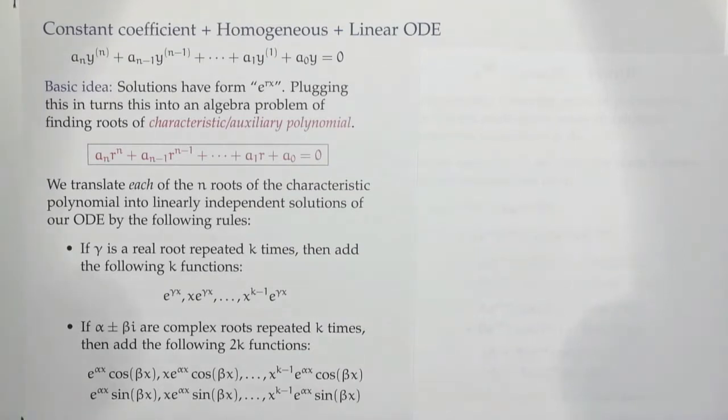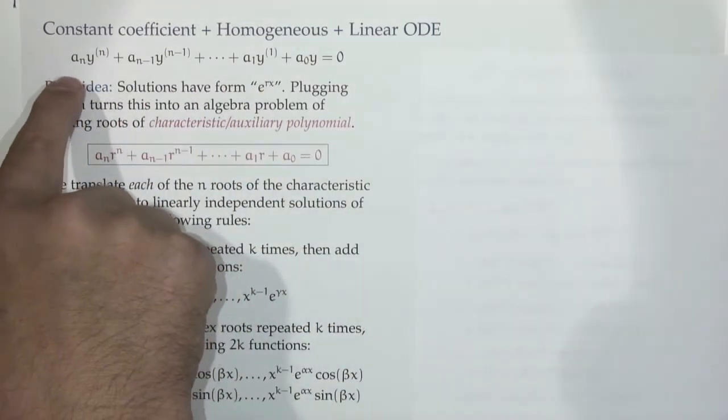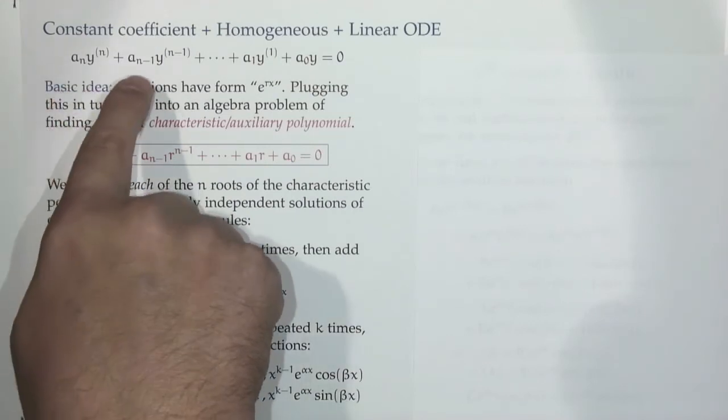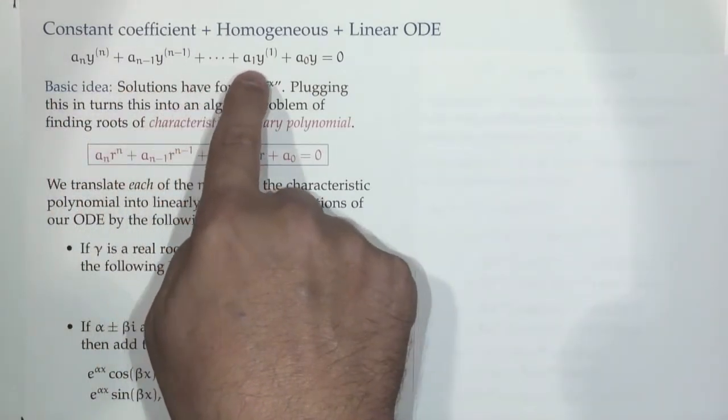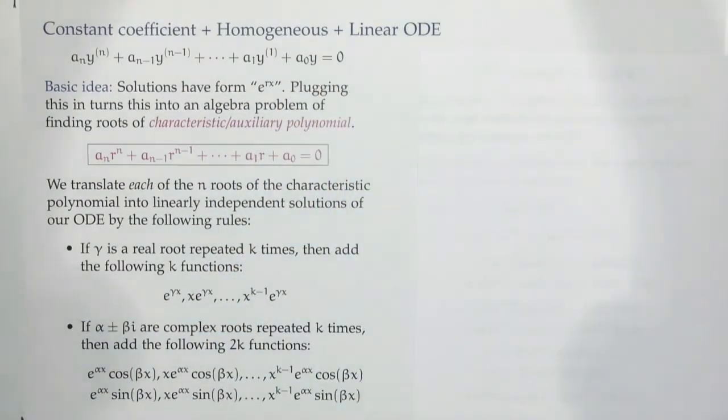We've already talked about this a few days ago. We said, hey, these differential equations have this particular form: some constant number times the nth derivative, some constant number times the n minus first derivative, always just a constant times some derivative, added up gets to 0. And the reason we like these is they're really very simple.